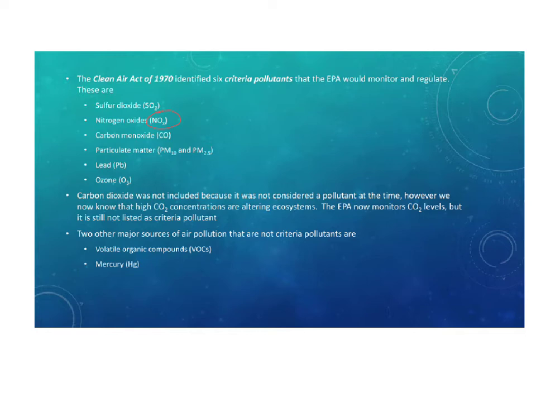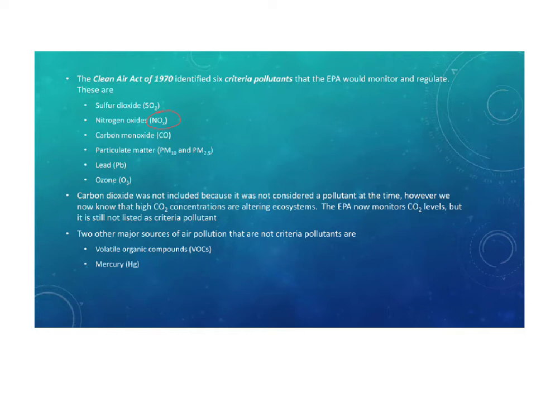Carbon monoxide, particulate matter 10 and particulate matter 2.5, and again we'll talk about the differences between those in a little bit. Lead and ozone, those are the 6 criteria pollutants, and that means that the EPA monitors and regulates the concentration of those in the atmosphere.